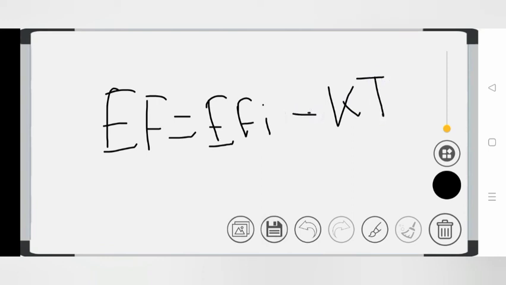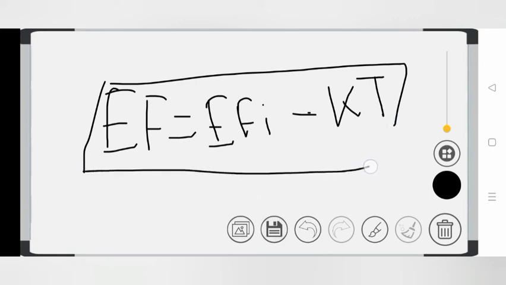Clear? This is the formula of doping concentration. We have to take this formula and find the doping concentration of any impure semiconductor.